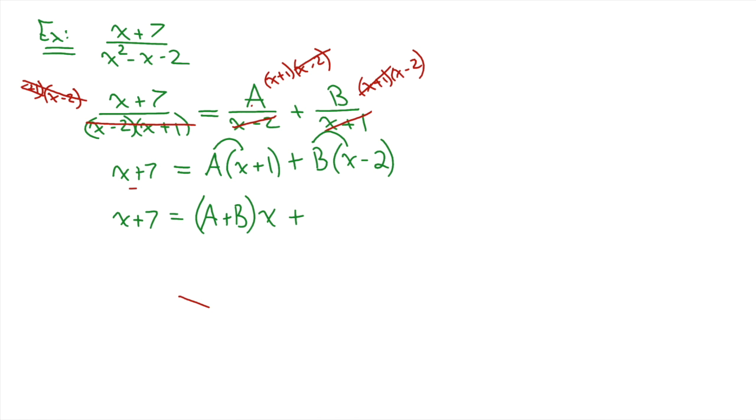Plus, what are my constants? Well, what's that give me? a. What's this give me? Negative 2b. So my constant literally is a minus 2b. If a and b were numbers, that would combine as a single constant number.